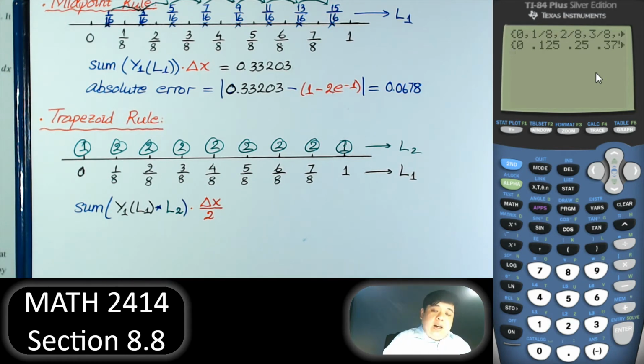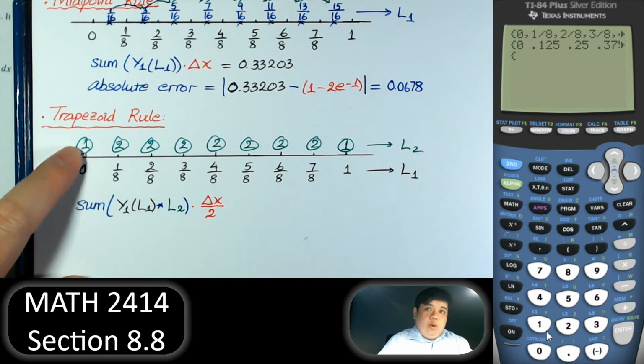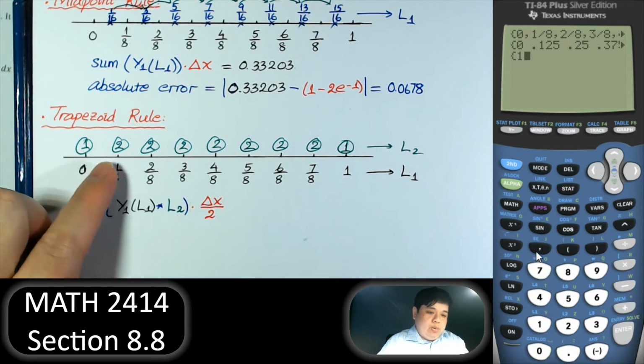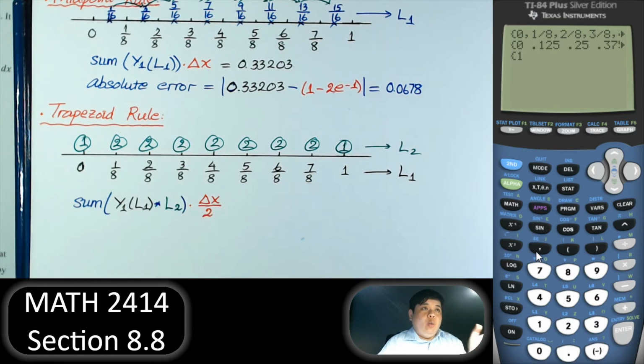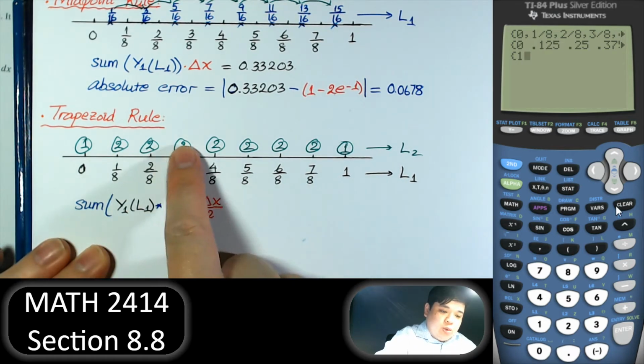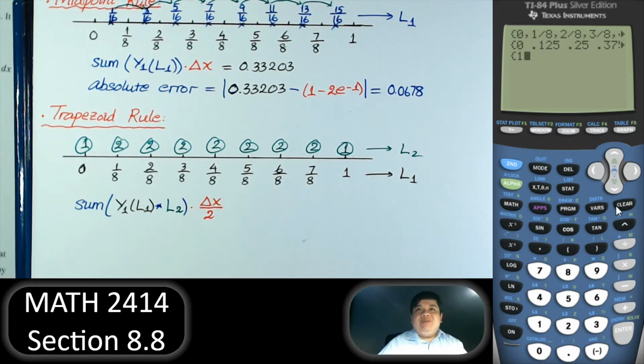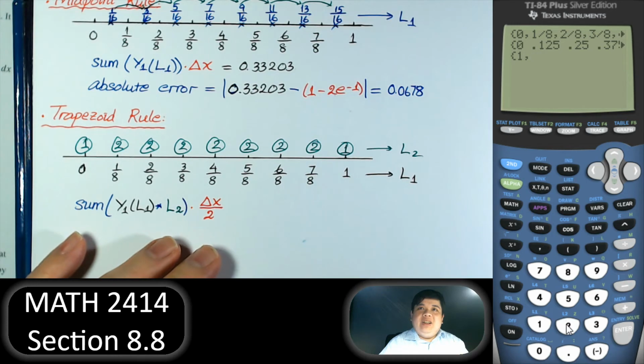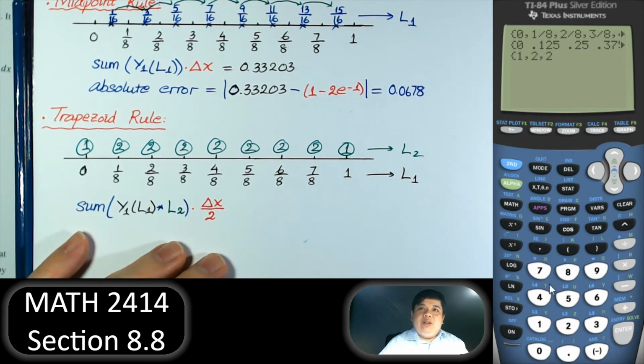Next, list 2. The coefficient 1, and then how many 2s? There will be 6 in the middle, 1 on both ends. Let's see, 1, 2, 3, 4, 5, 6. Actually 7, sorry. 1, 2, 3, 4, 5, 6, 7, and 1.